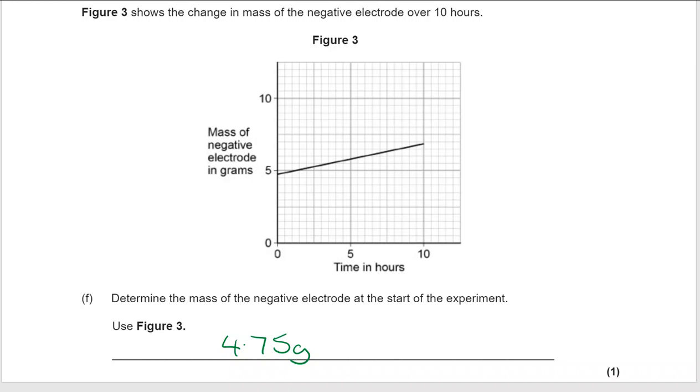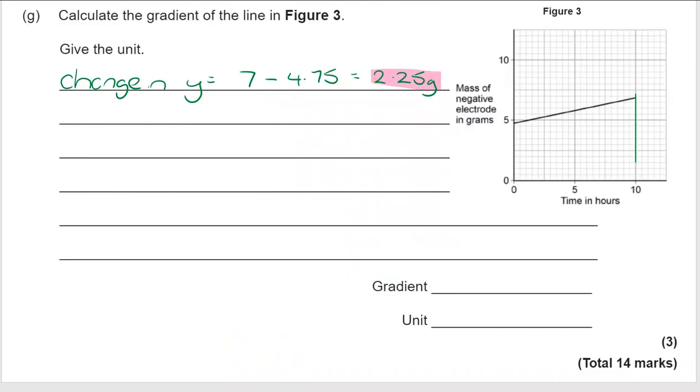And then we are going to work out the gradient. So we have got 4.75 on the left, we've just calculated, and this is 7. So my change in Y on here is 2.25 grams.